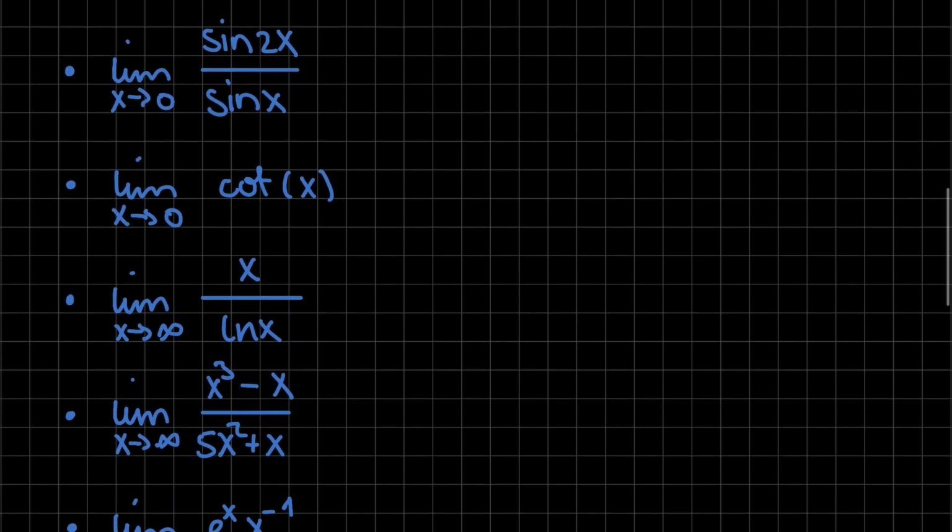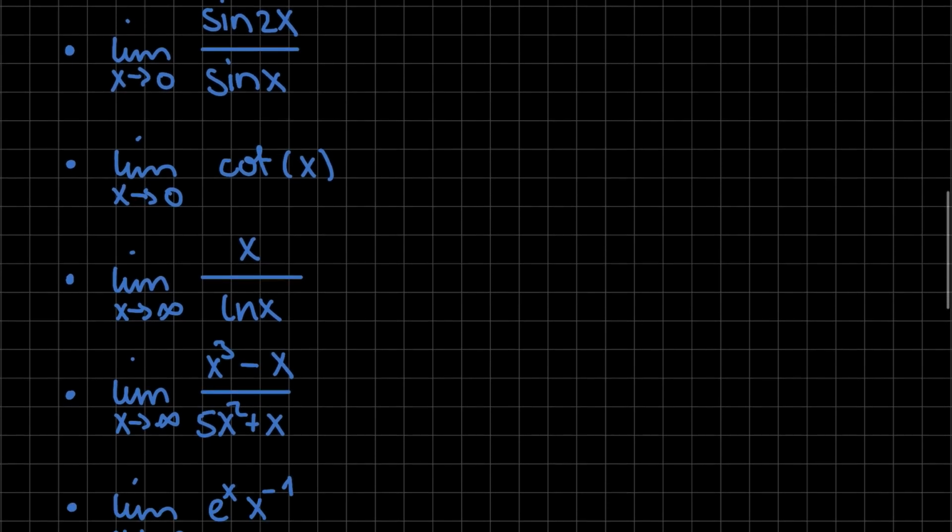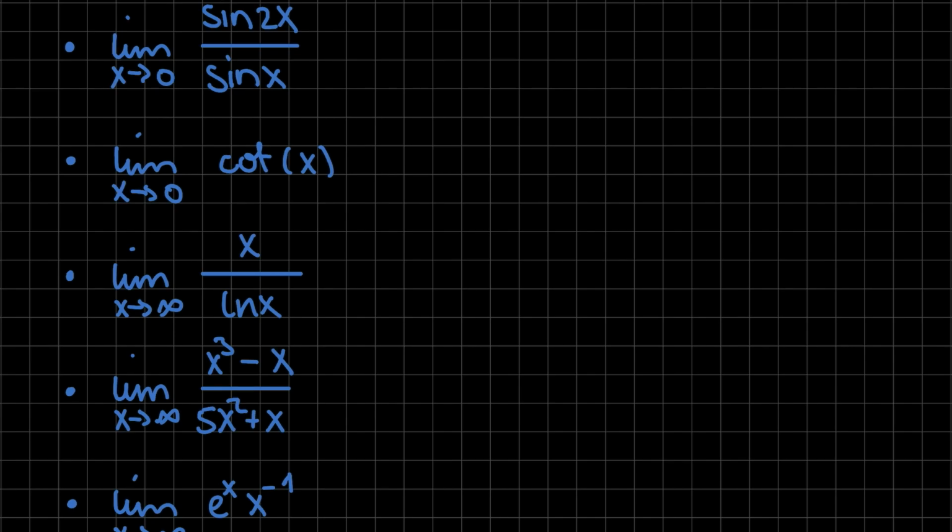The limit as x tends to 0 of the sine of 2x over the sine of x. So for limits like these involving sines and cosines and so on, it's good to know your trigonometric identities.